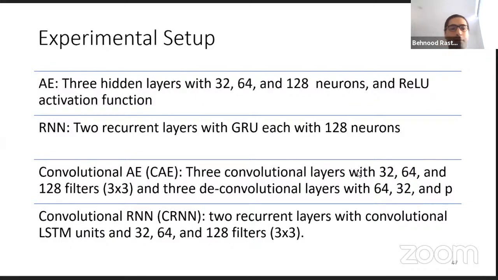Then we have the convolutional RNN, with 2 recurrent layers with convolutional LSTM units, and 32, 64, and 128 filters, and kernel size of 3 by 3.